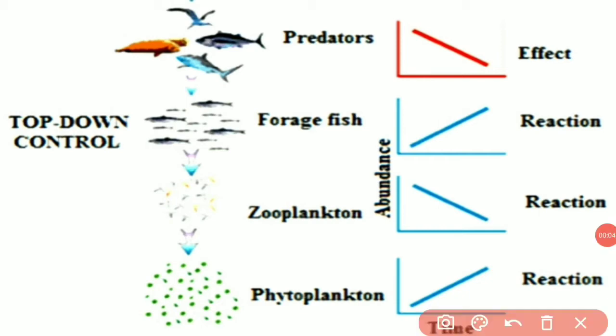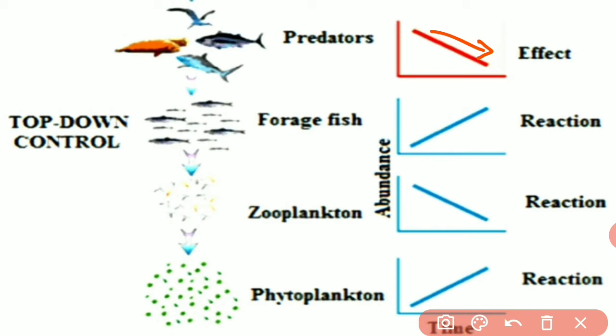So let's consider large fish having a very low population, which is shown by this declining graph of large fish, indicating that the biomass or abundance of biomass is decreasing with time. That means the low population of large fish can affect the lower trophic levels.